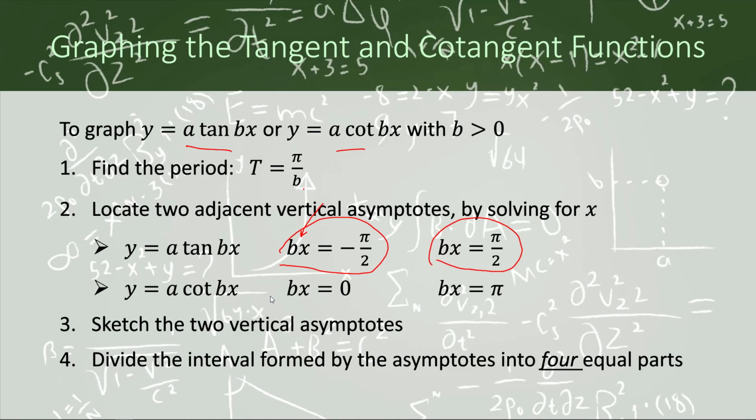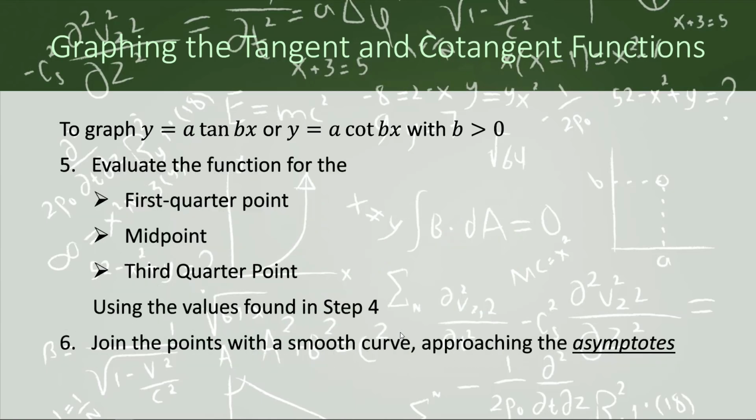For cotangent, we need to find the left asymptote by solving this equation. That's pretty straightforward, and also by solving this particular equation. Once we have found those, we want to sketch the 2 vertical asymptotes and divide the interval into 4 equal parts.